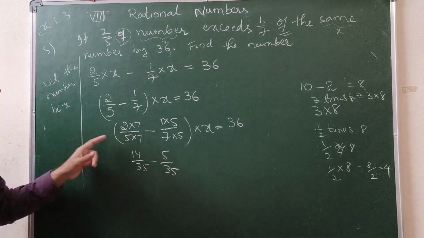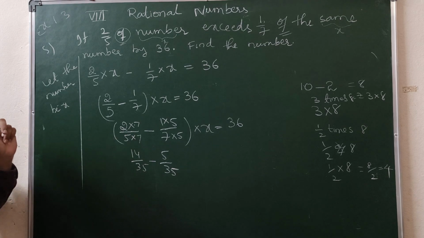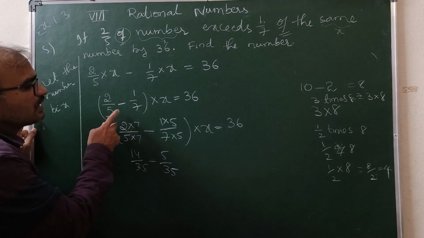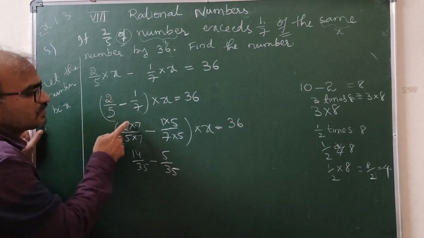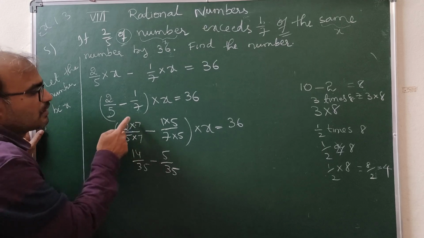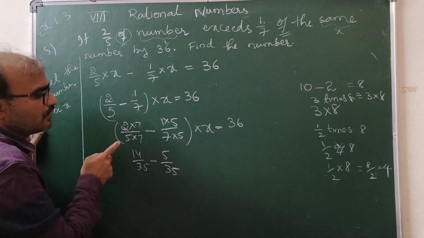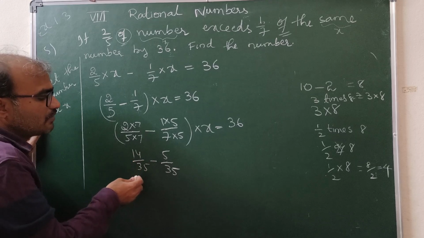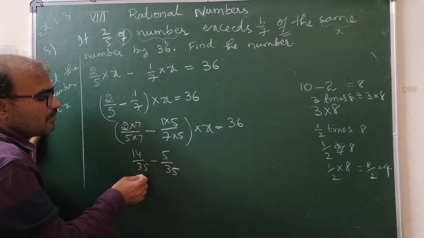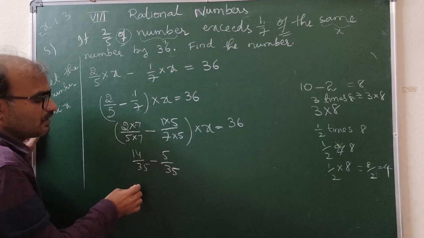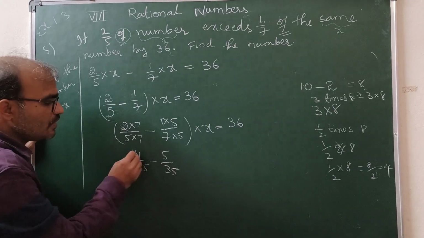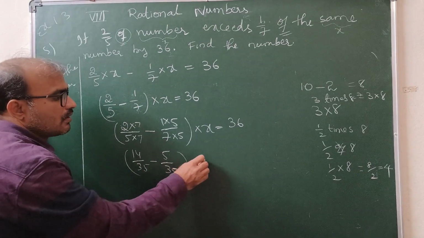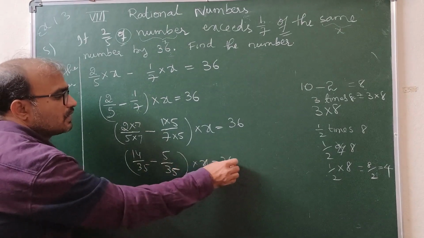If you observe carefully what's happening here: 2 sevens 14, 5 ones 5, so you cross multiply. Instead of doing like this, you can write the same denominator, 5 sevens 35, in the denominator, into x is equal to 36.